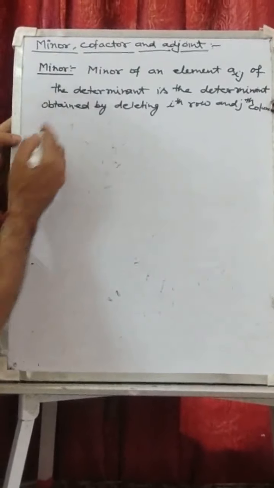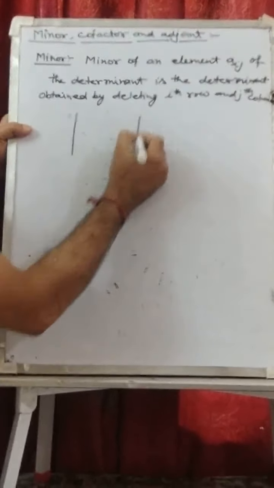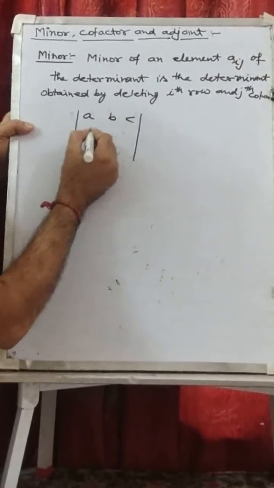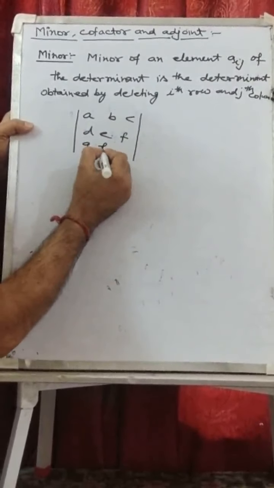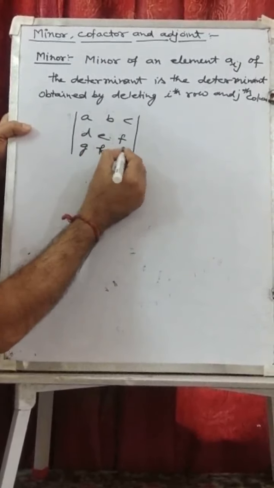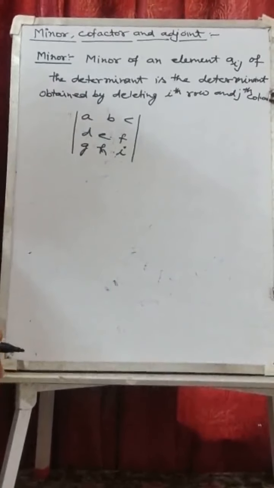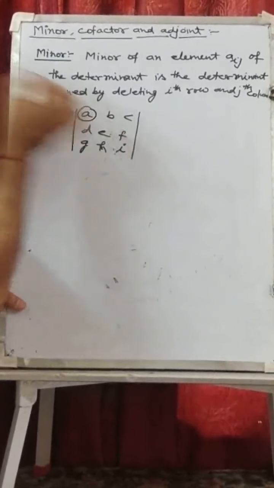So let us take the determinant like this. It is a determinant of a square matrix 3 by 3. Now we want to find the minor of this element.